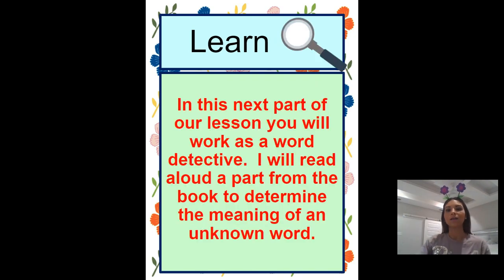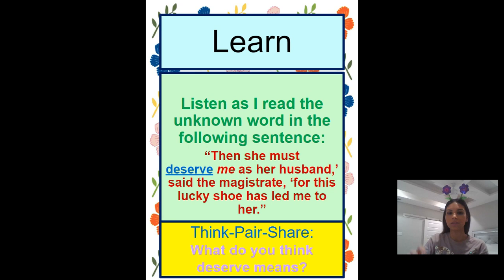In this next part of our lesson, you will work as a word detective. I will read aloud a part from the book to determine the meaning of an unknown word. Listen as I read the unknown word in the following sentence. "Then she must deserve me as her husband," said the magistrate, "for this lucky shoe has led me to her."